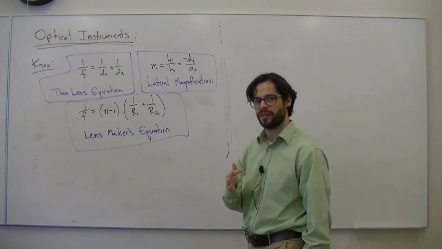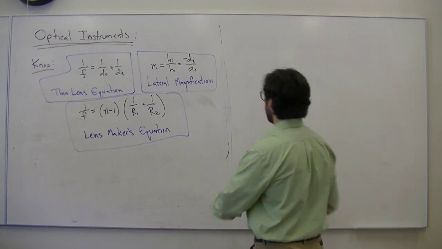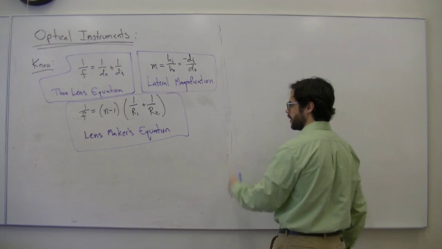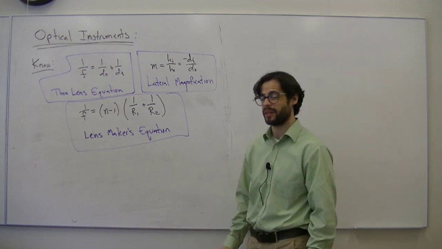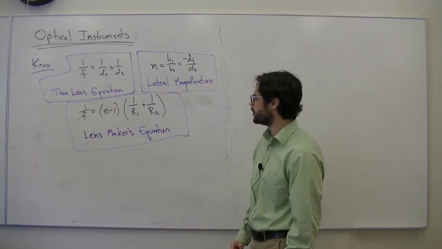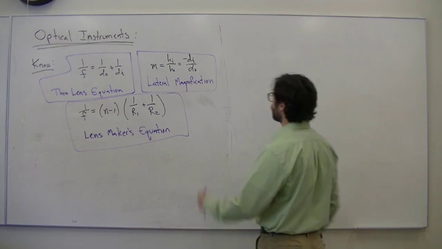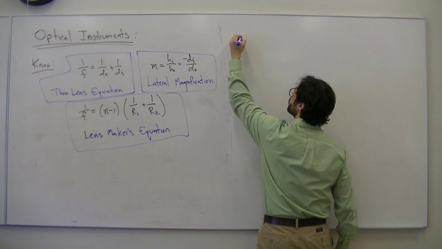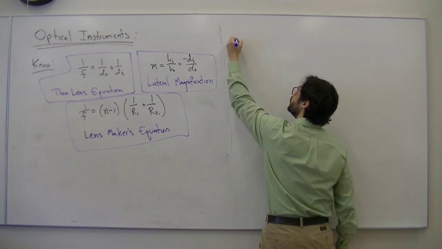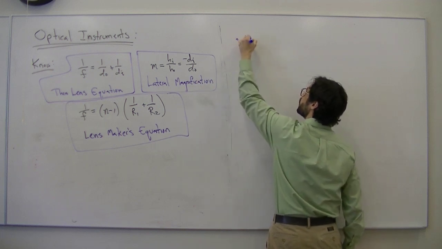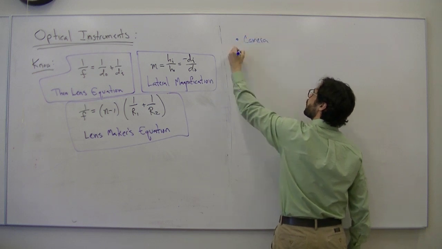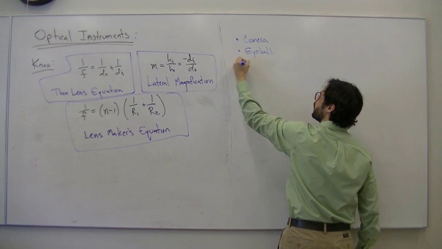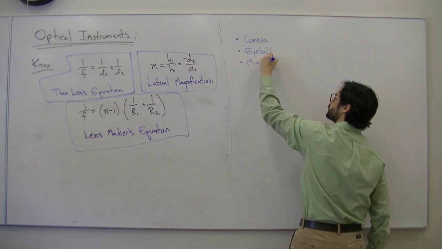We'll do this in two chunks, because one set of these things is simple, it just involves one lens, and another set is compound, so they have multiple images, multiple lenses working together in conjunction, like a microscope or a telescope. If I think about optical instruments, the first thing that might come to mind is a camera, the eyeball, a magnifying glass.